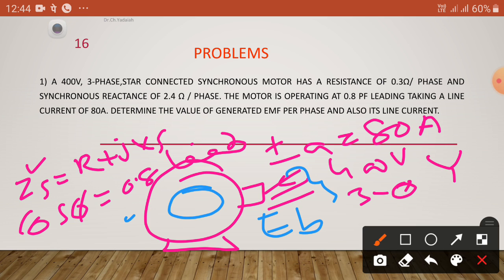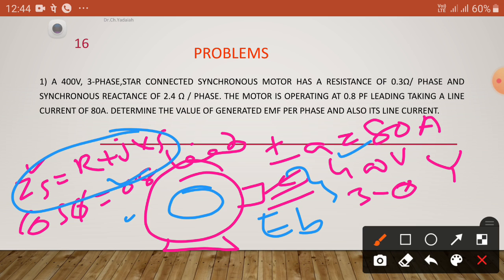At leading power factor, its stator constants Zs are given. So here Ia, the armature current, and Zs are given, and from this we are going to calculate.